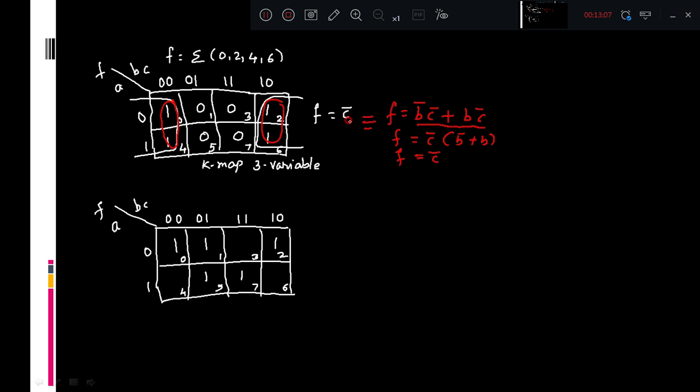Based on that we get results. F equal to C bar and F equal to B bar C bar plus B C bar, they are equivalent solutions. And B bar C bar plus B C bar involves more number of gates as compared to F equal to C bar. If you group properly, you can get a simplified expression through which you can implement a simplified circuit. Number of gates you can reduce.